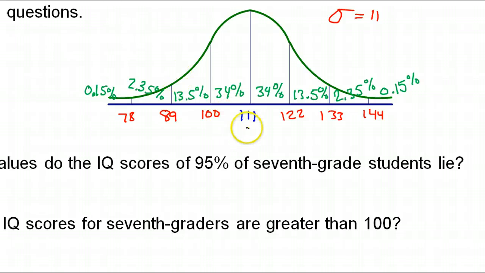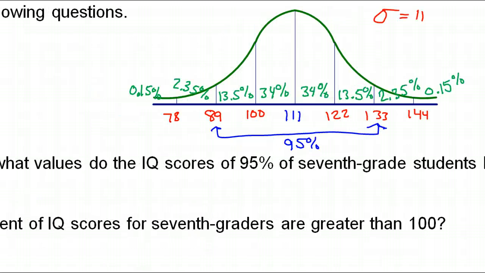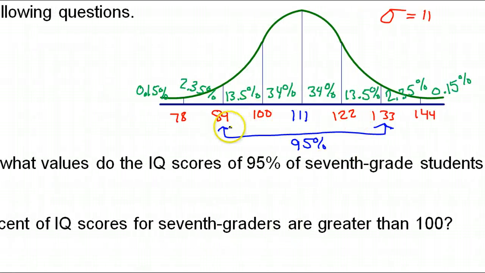So we should be looking at this one right here, like I showed you a second ago. From here to here, we have memorized is 95% of the data. So what values, you say? Well, that's between 89 and 133.